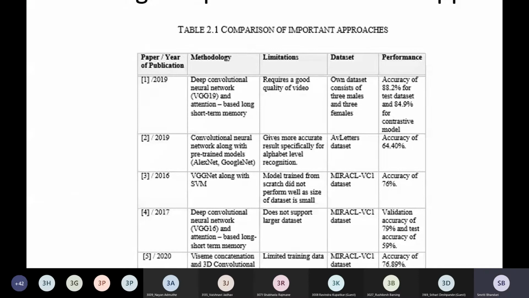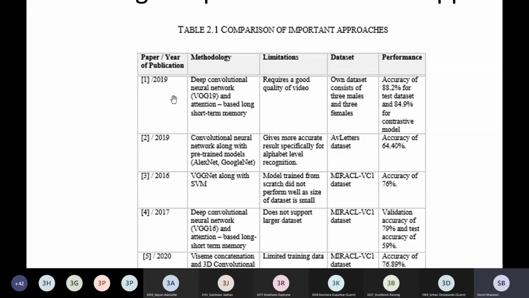Depending upon what kind of project you are working on, we should have such a table. So this is the paper, and this is the reference number that we use to cite that particular paper. These references are listed in the references section, and this is the year of publication.